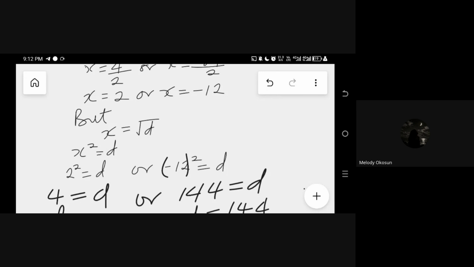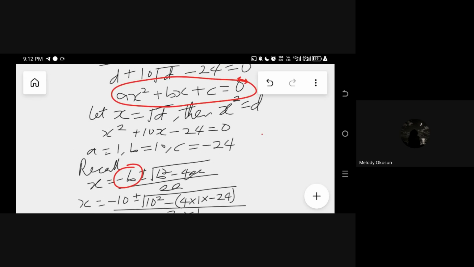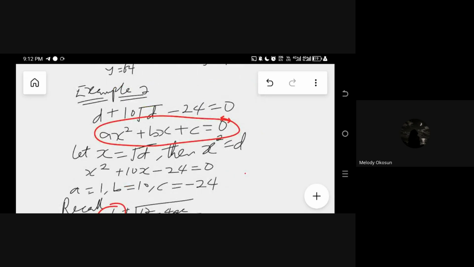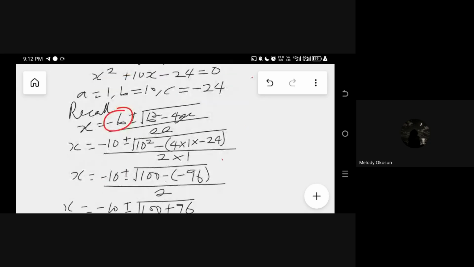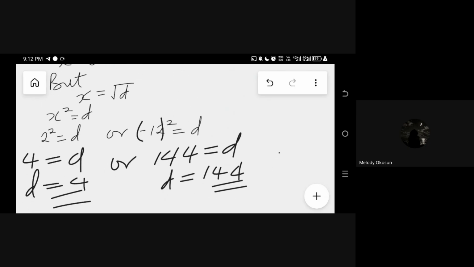That's why we still have to go back, because we're looking for D. Look at the actual question, it was D and not S. So that S, we brought it ourselves. So after getting the value of S, go back and substitute that value of S into that improvisation we made from the onset. And then we now got the actual value of D as D equals to 4, or D equals to 144.